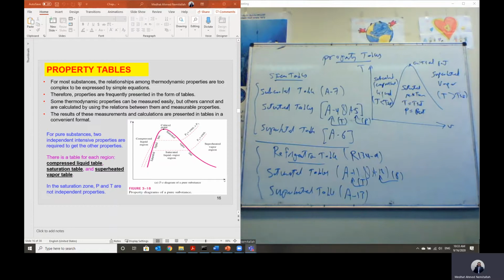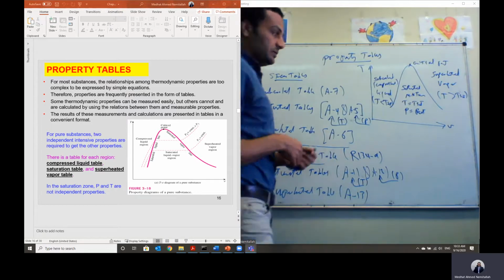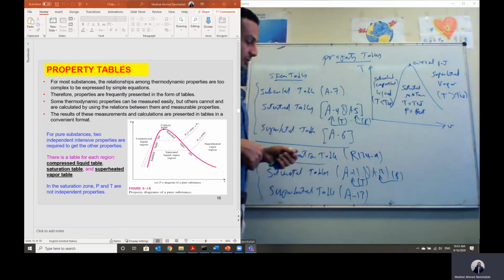So in any application, in any problem, I have to look at what the working fluid is. Is it steam? Then I will be using the steam tables. Is it refrigerant? We do have refrigeration cycles or air conditioning cycles. Then in this case, I will be using the refrigerant table, which is refrigerant 134A, the only refrigerant we are concerned about in this course.